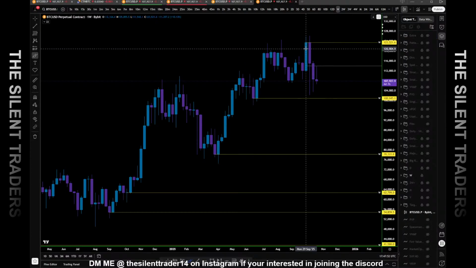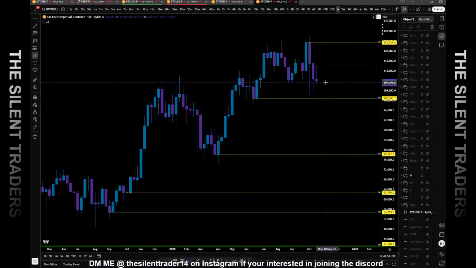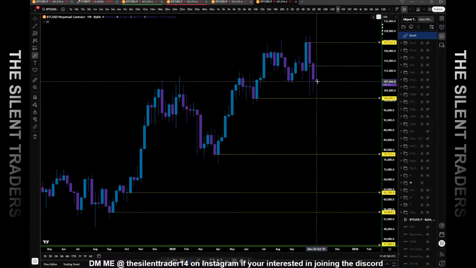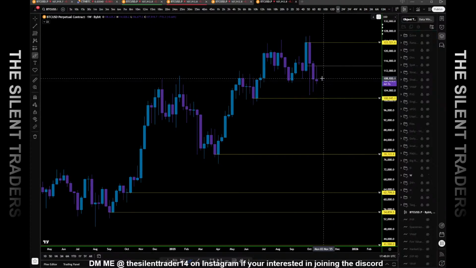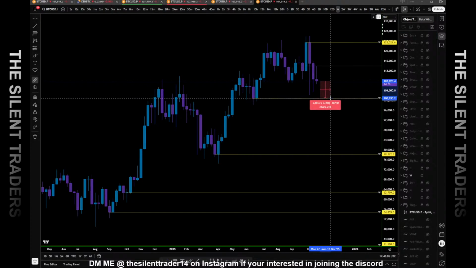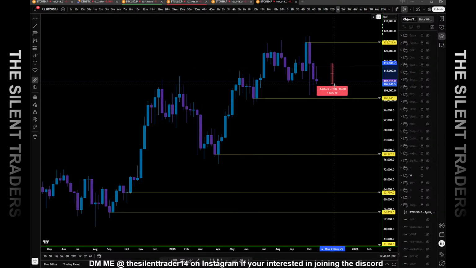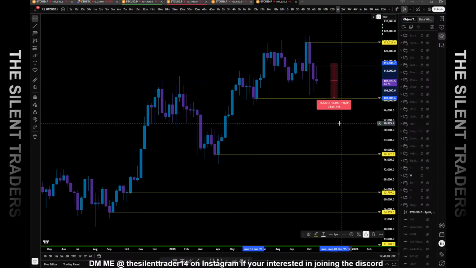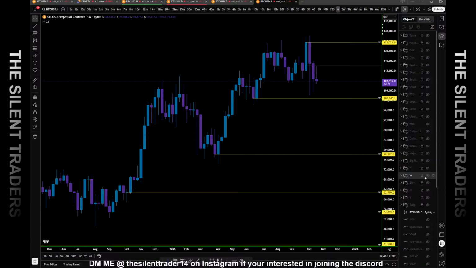Depending on what style of trader you are, if you look for shorts here, that is a massive 6%, and if you were to catch a lower high, that's 10% plus. So those are very clear targets for me if we keep dropping.